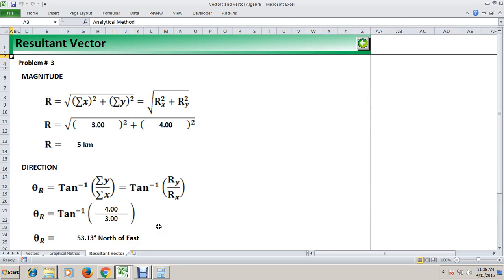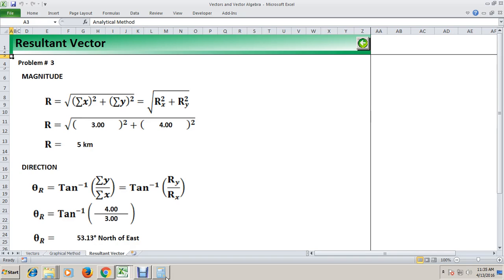As for the direction, we employ inverse tangent or arc tangent. You have summation of y over summation of x, or r sub y over r sub x. Of course, r sub y is 4 divided by 3. 4 divided by 3 gives you whatever value that would be. You compute for inverse tangent, that should give you 53.13 degrees.